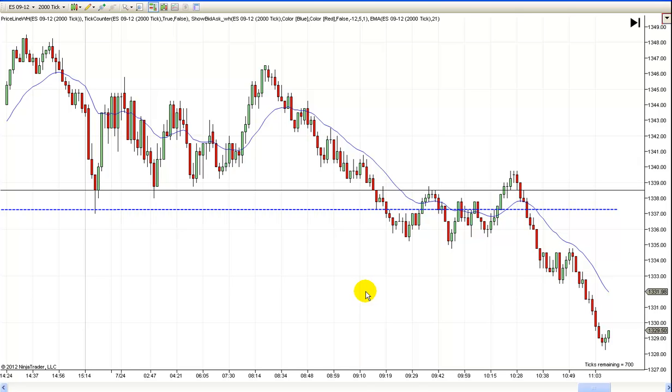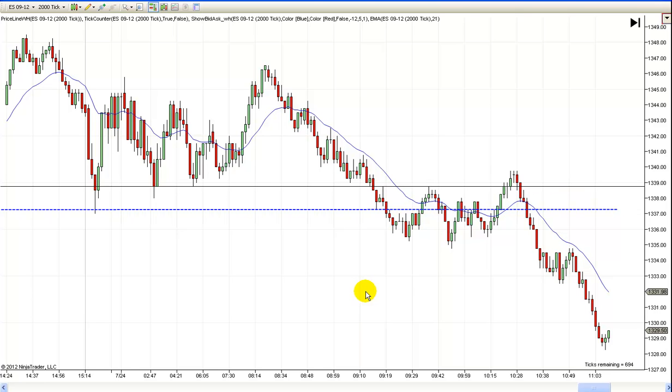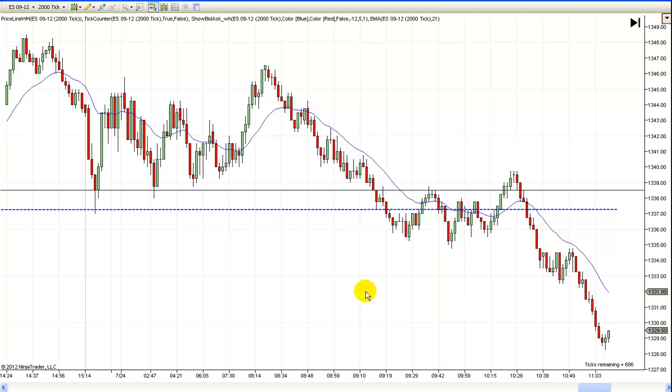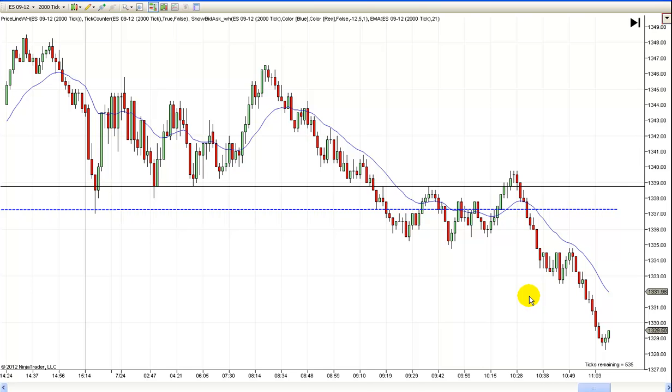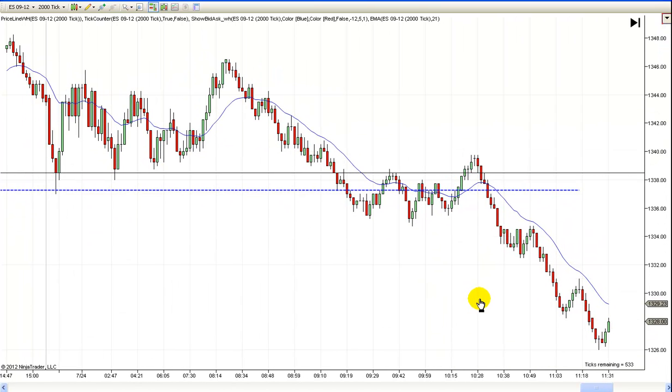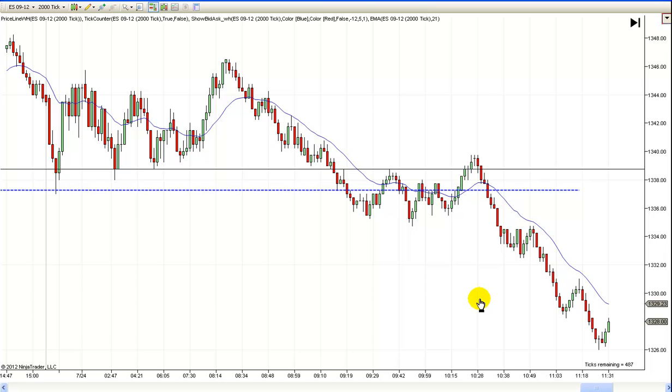So if you're using a 2000 tick bar, every time the software counts 2000 ticks, it creates a new bar. And so there's no way you can make two tick charts look exactly alike. Sometimes they'll get really close, but even if I refresh my chart, my tick bars will likely change. So there's just no way to make them look exactly the same, so don't even try. As long as the patterns are similar, that's all that matters.